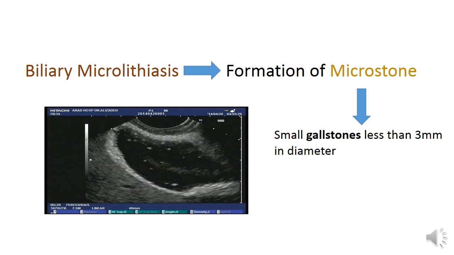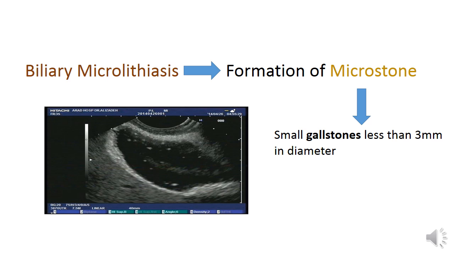Biliary microlithiasis. Now this is the final nail in the coffin. Note that it is different from testicular microlithiasis. Microlithiasis is the formation of microstones. So biliary sludge that we just saw can be resolved or removed, or it can progress to form microstones.